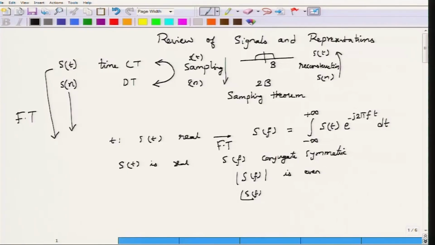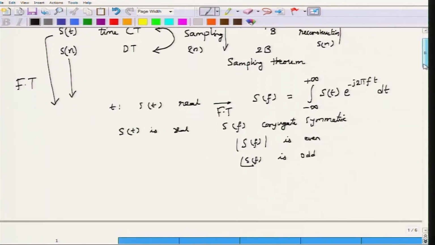So, for every frequency f you are going to get a complex number which is S of f, because you have a complex signal e to the power minus j 2 pi f t getting multiplied to S of t, right. So, this phase of S of f is odd symmetric. Okay. So, this is the meaning of conjugate symmetric.